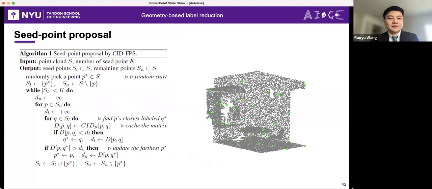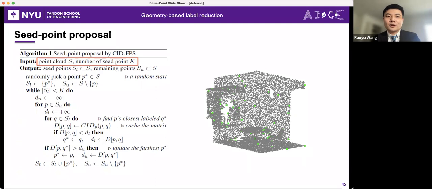The first step is a common step called seed point proposal. In this step, we want to propose some seed points, and those seed points should be well distributed on the different convex parts in the shape.